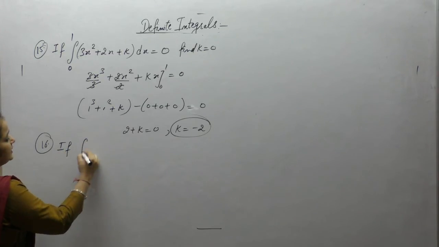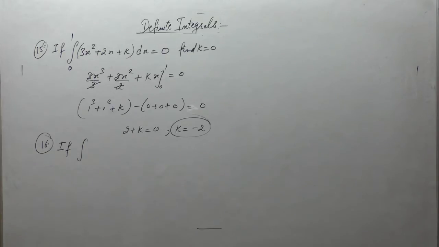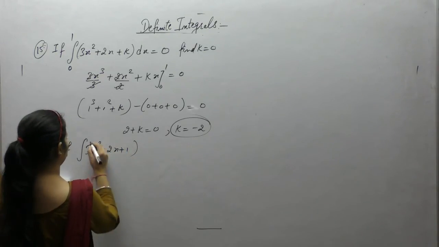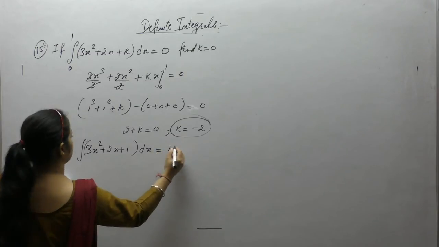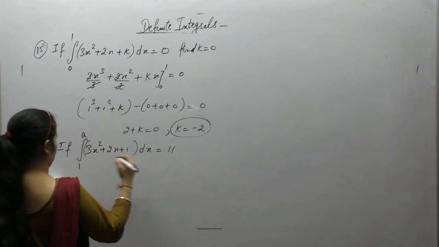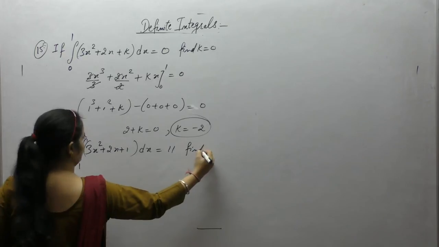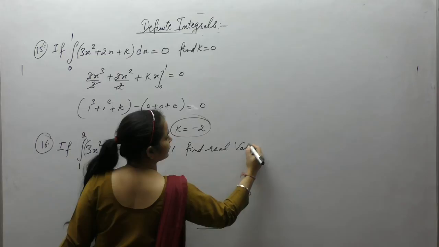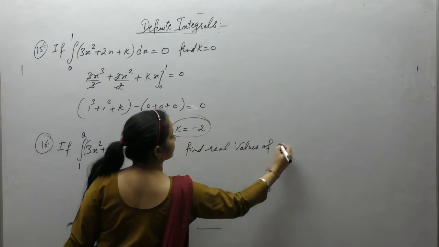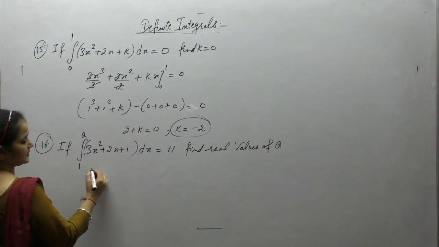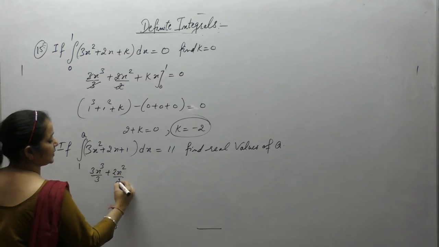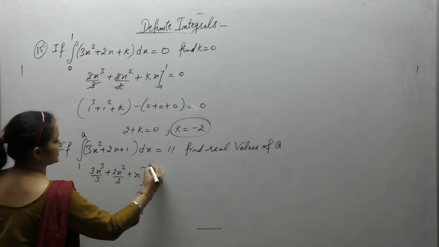Next, if the integral of 3x square plus 2x plus 1 dx is equal to 11, with limit 1 to a, find the real values of a. Integrate: 3x cube by 3 plus 2x square by 2, and the integral of 1 is x.